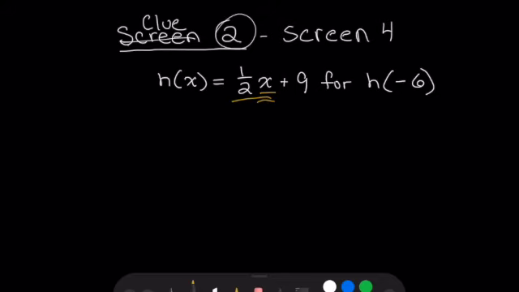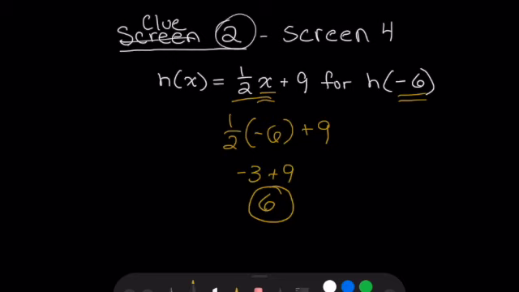So here we would do 1/2 times the value of x, which is negative 6, plus 9. So 1/2 of negative 6 is negative 3. So my final answer would be 6. So go back and try that one on Desmos.